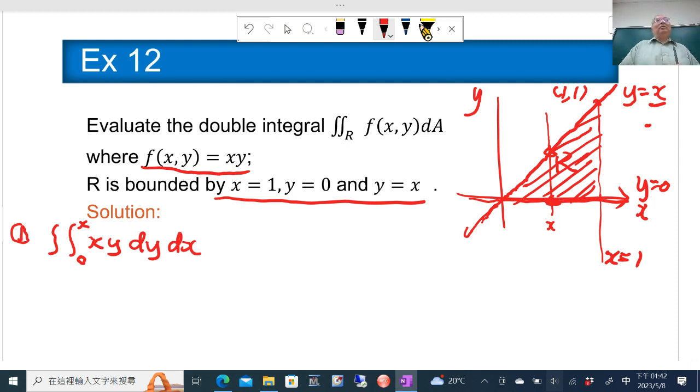The interval of your possible choice of x is from 0 to 1. So your x will be from 0 to 1. After that, the integration is quite straightforward. Do the integration of y first.